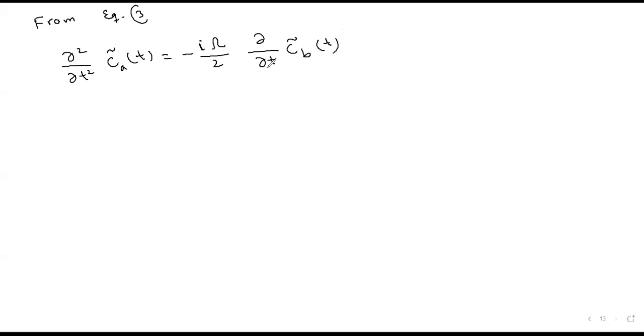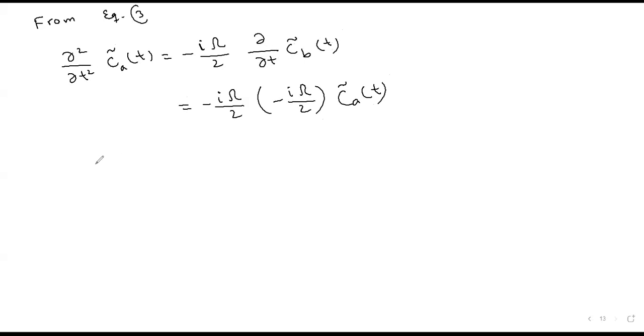So we have to again differentiate equation number 3 with respect to time. From equation number 3 we can write partial square by partial t square Ca equals minus iota omega by 2 partial by partial t Cb of t. By putting in the value of partial by partial t Cb from equation number 4, we get minus iota omega by 2 times minus iota omega by 2 Ca(t).